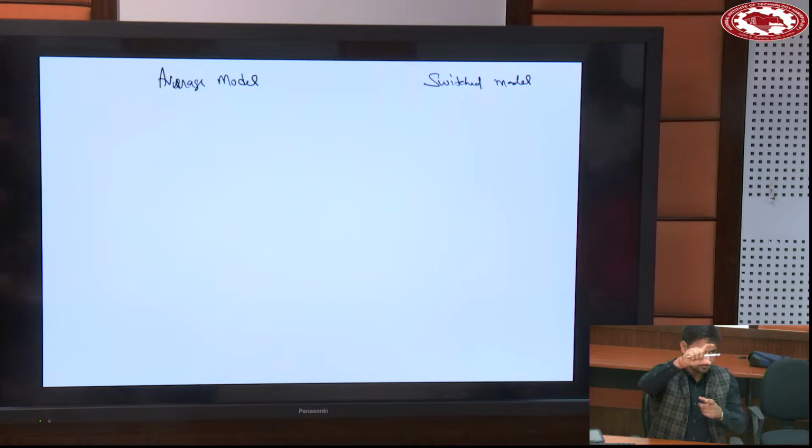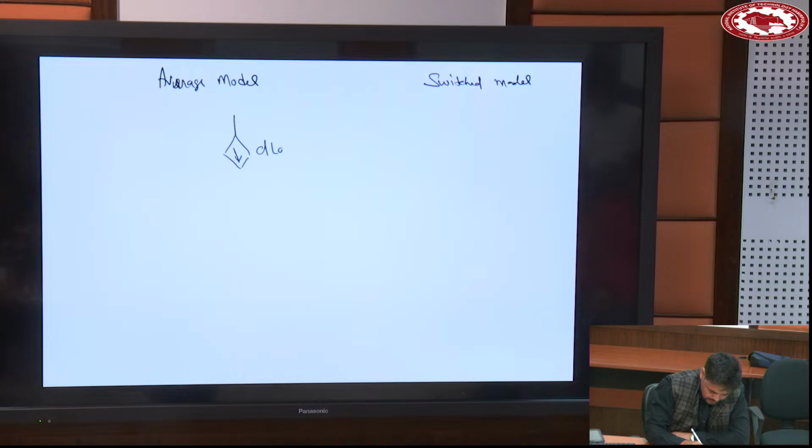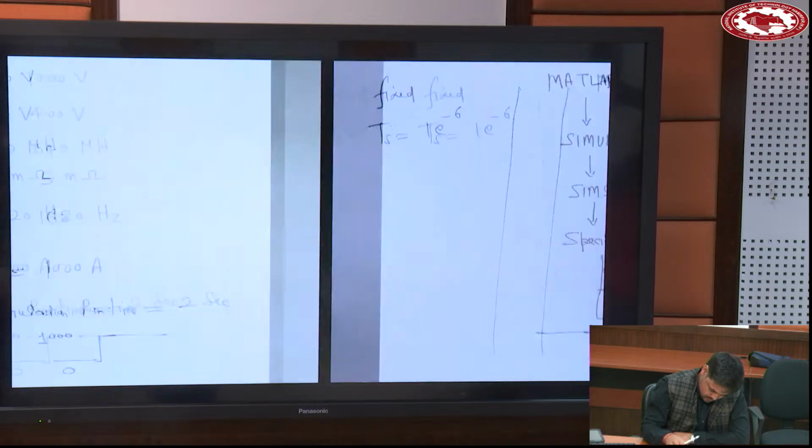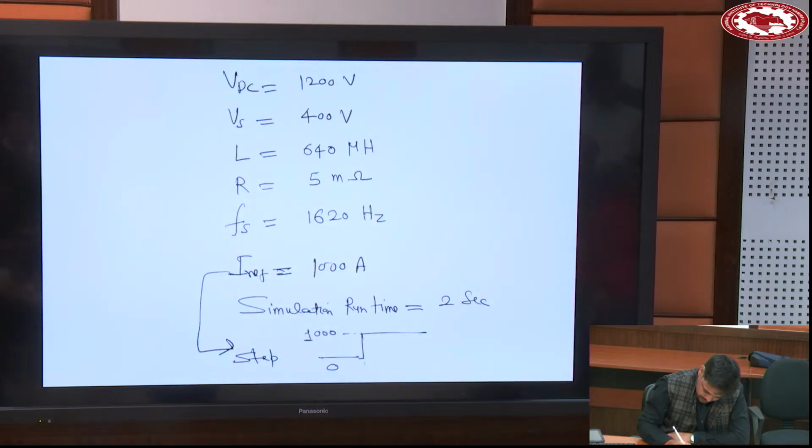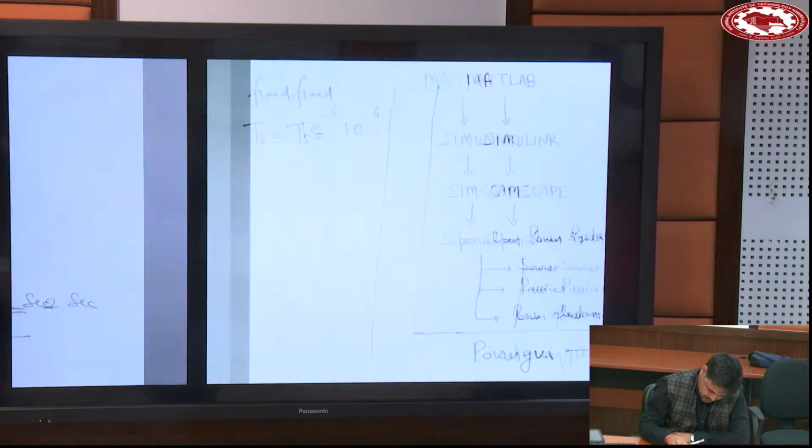The half bridge is there. I will model this as average and switched. In average, it will be di. I have written it in the step change. Make it 1 second. Step change.